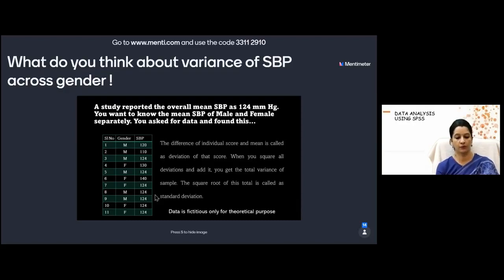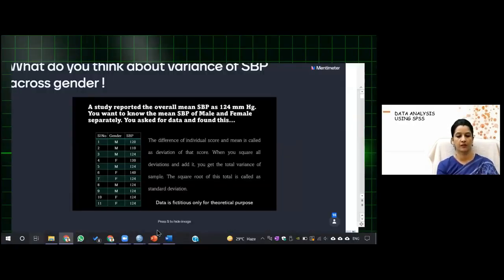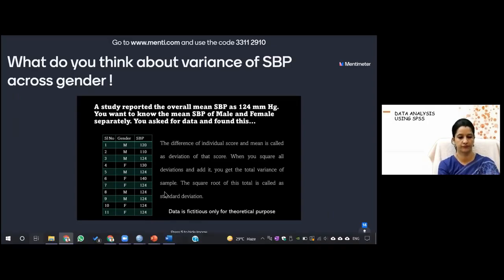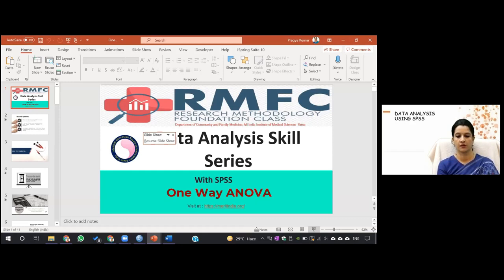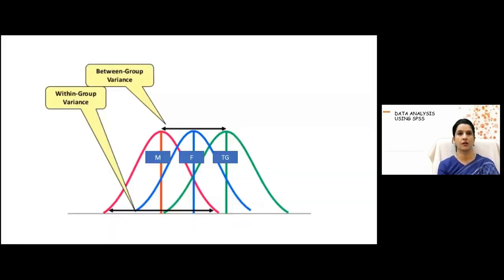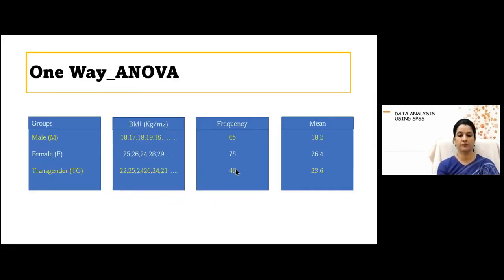Now coming to this, you can see here there are three groups: male, female, and transgender. This is the mean BMI of male, this is the mean BMI of female, and this is the mean BMI of transgender.